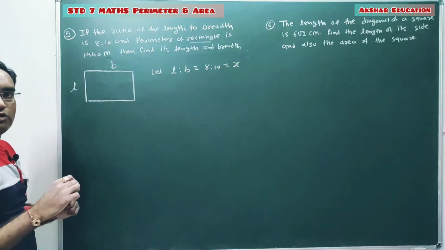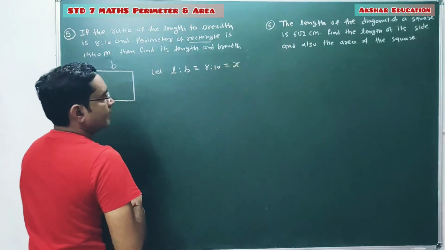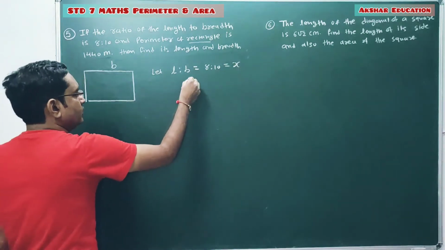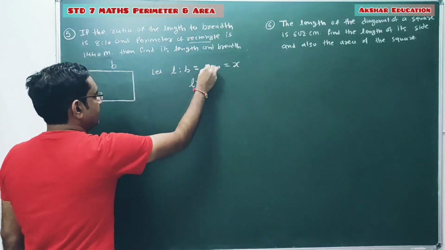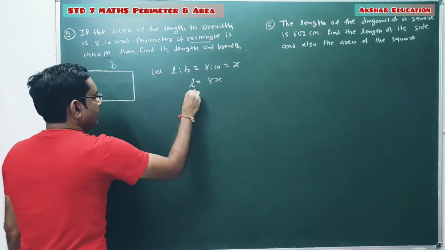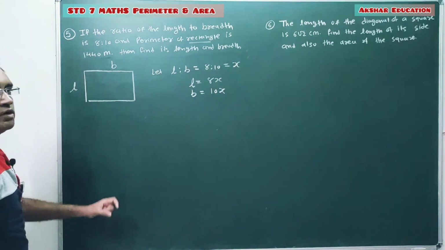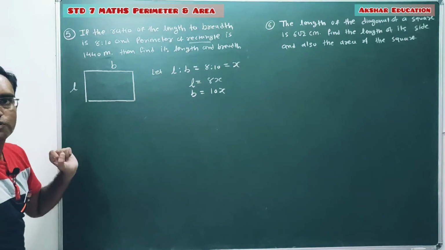Whenever the ratio of any quantity is given, you have to assume that quantity equal to x. Therefore the length is 8x and the breadth is 10x. This is the common procedure to solve any question of ratio.